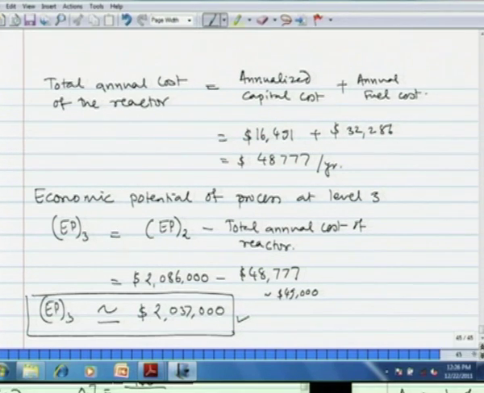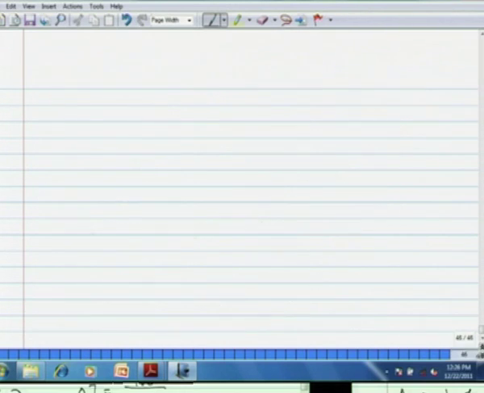One important point we have not included here while calculating this economic potential: we have not included the recycle cost of acetone and acetic acid.